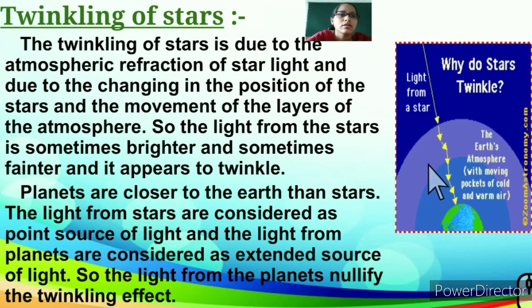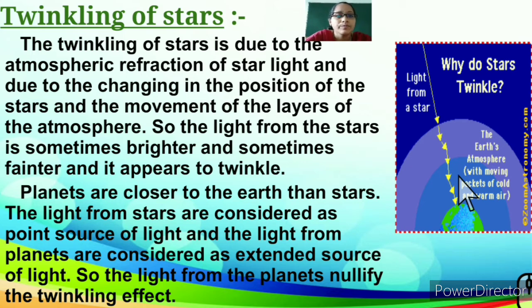Here again it is a hotter temperature, and this light from the star gets refracted and starts moving because of the cold and the warm air difference when it reaches the Earth. So the light from the stars is sometimes brighter and sometimes fainter, and hence we are able to see it twinkling.